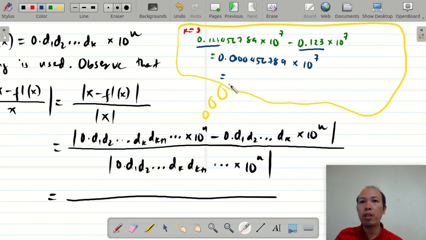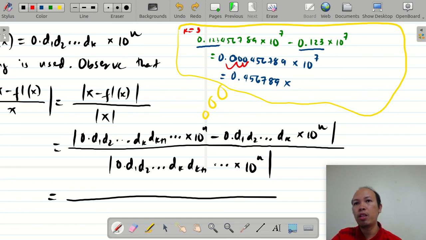So we will write this one as 0.456789 times, you move how many places? 1, 2, 3. So our answer will be 10 to the 4.